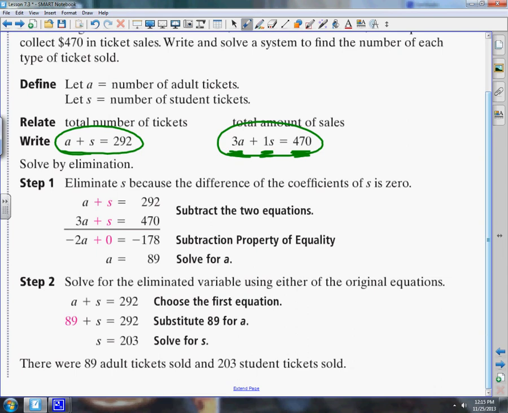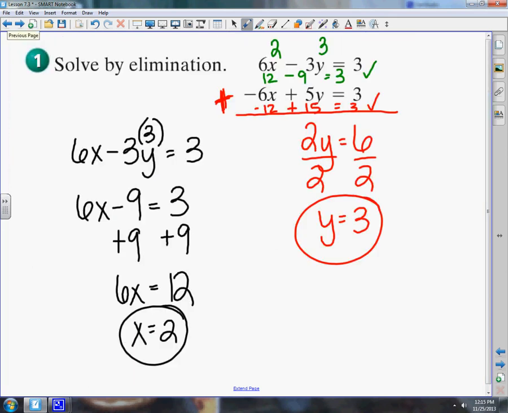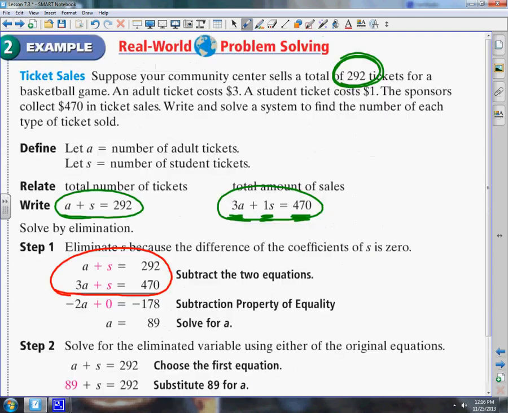Next, they set these two equations into a system, and you're going to subtract them. Why they chose to subtract is because both of the s's are positive. In the last example, one x was negative and one was positive, so it was already done for me. However, here they're both positive. So what you do is you change the whole entire bottom row to negatives.